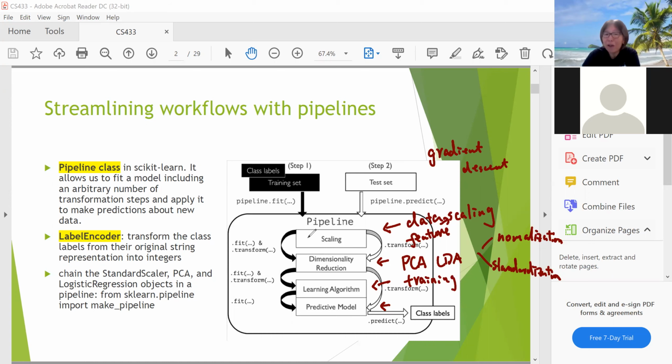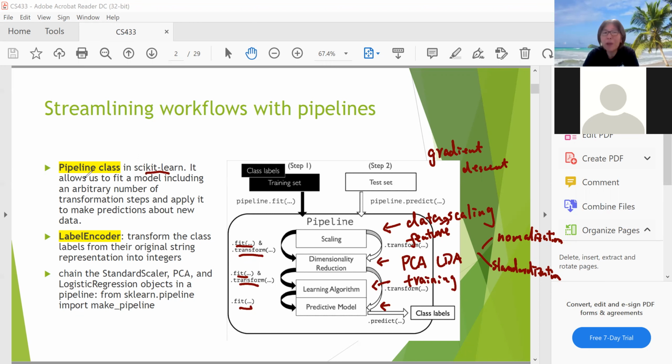With sklearn, for scaling you need to do fit and transform, and for dimensionality reduction we also do fit and transform. Then we do the fit with the learning algorithm. So it's like a discrete step for each of them.